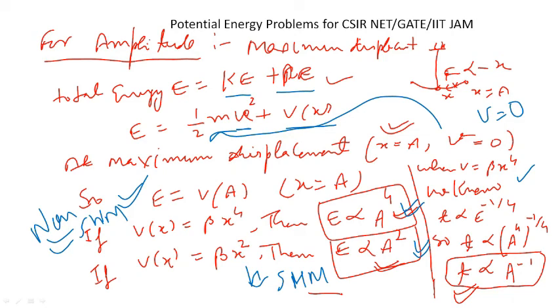So if we put the value of energy in terms of the amplitude, then you see that your time period comes out to be proportional to 1 upon a. So in the non-simple harmonic case, the time period depends upon the amplitude, and in case of simple harmonic motion, the time period does not depend upon the amplitude. Thank you.